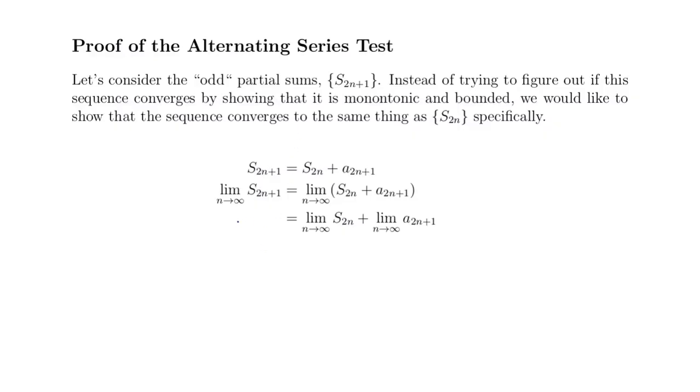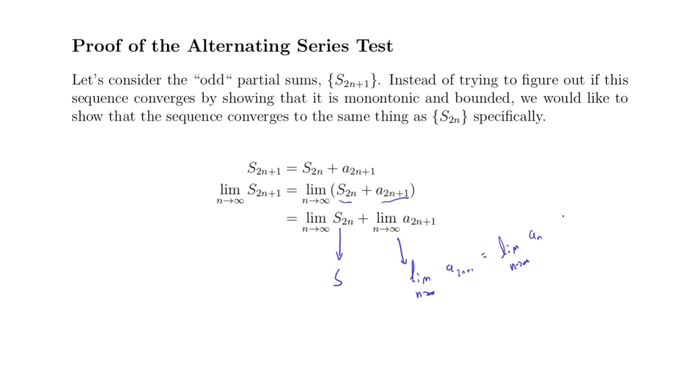Cool. All right. Now we can take a look at the limit of both sides. If both of these things are equal, then the limit should be equal. And we can split this limit up. Let's look at the limit of this partial sum and the limit of this term. Well, the limit of this partial sum, we already know. We found that earlier. And now we have to figure out, okay, what's the limit of this term? But notice the limit of the odd term, that's the same thing as the end behavior of the whole sequence.